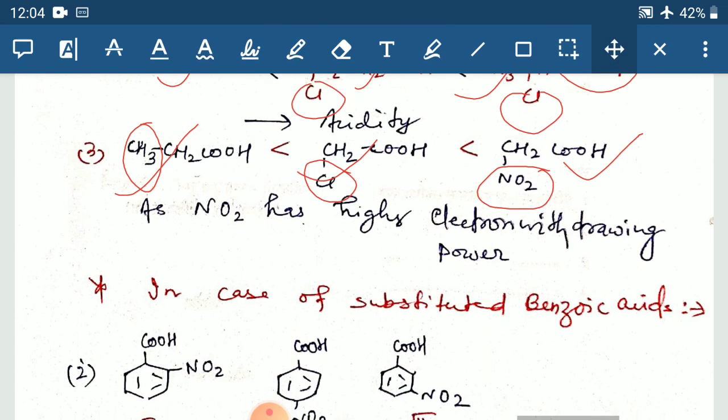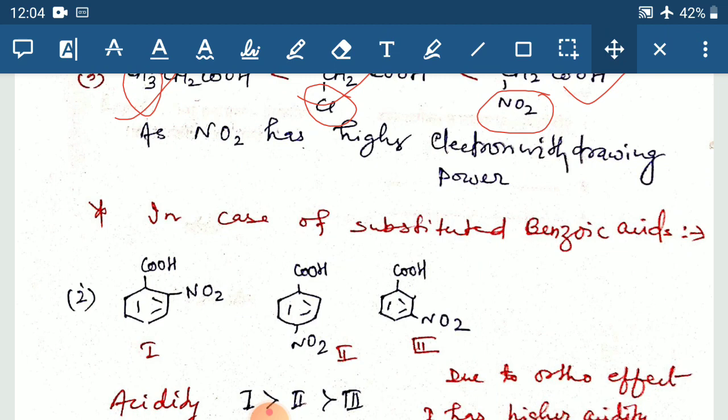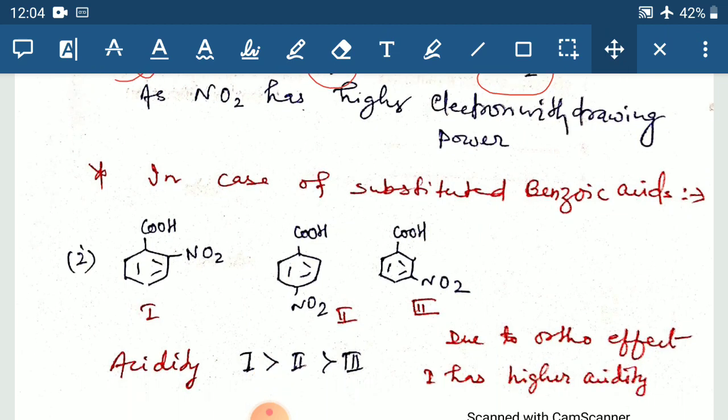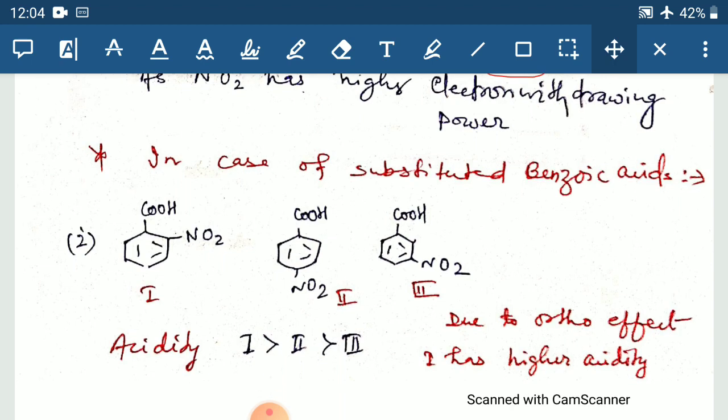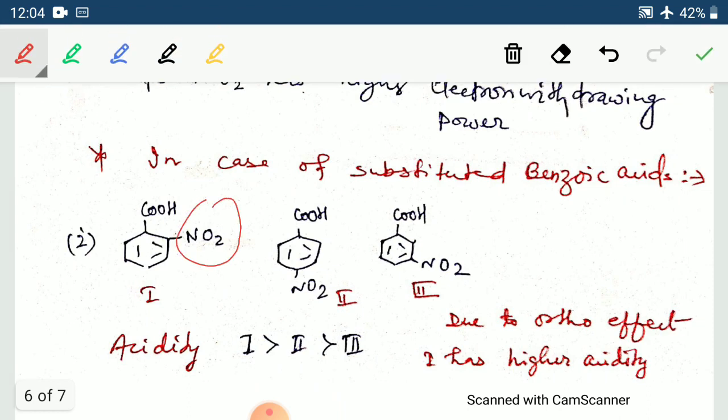Now coming to the aromatic ring. See, benzoic acid is a well known aromatic carboxylic compound. If some substitution occurs on benzoic acid, then see here, this NO2 group is ortho to the carboxylic group, this is para, and this is the meta one. As distance increases, its effect decreases.